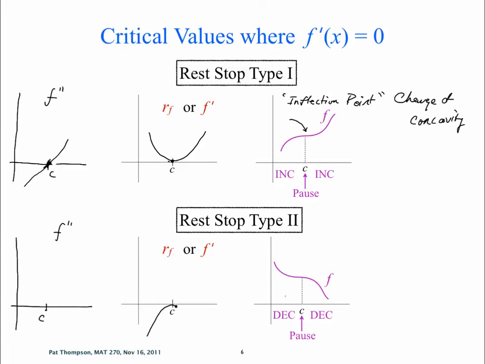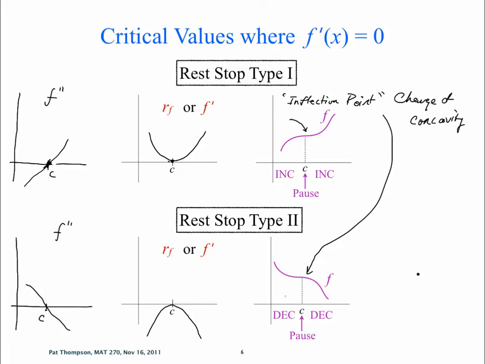So rest stops are where both the accumulation and the rate pause. They don't have to both pause. One could pause or the other could pause. But in a rest stop, the accumulation pauses, meaning it stops going down for a moment, but then also the rate pauses. So the rate is what? Here the rate is increasing, right?